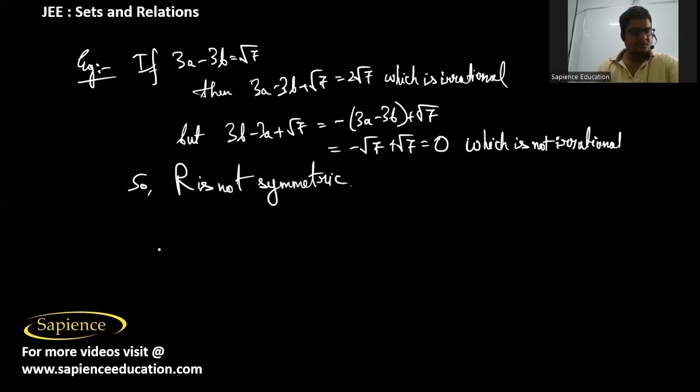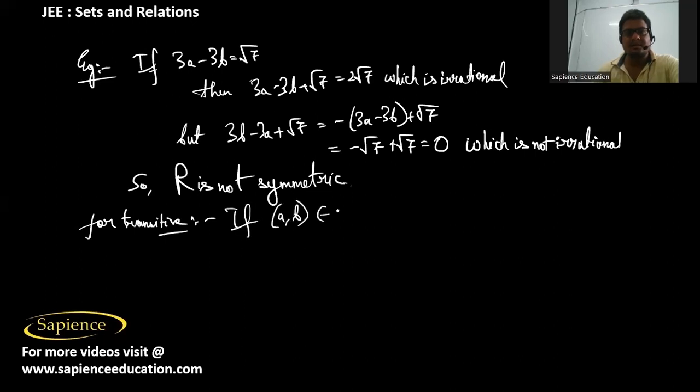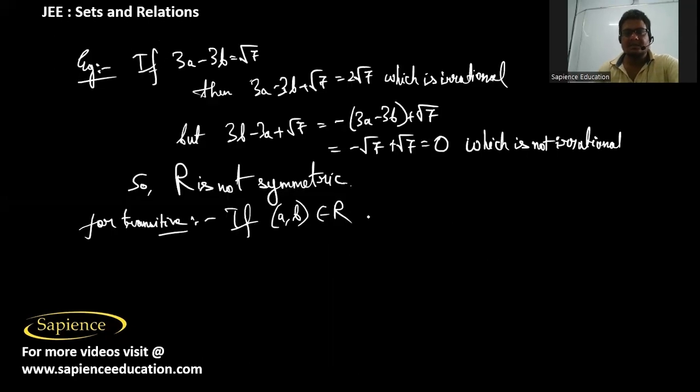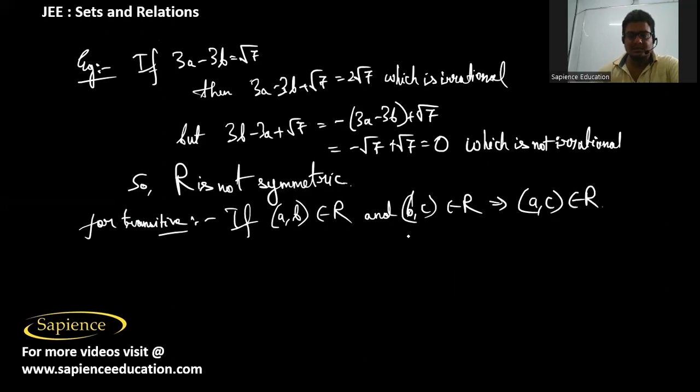Now we have to show if it is transitive or not. So for transitive, we should have that if (a, b) belongs to the relation R and (b, c) also belongs to the relation R, then this implies that (a, c) also should belong to the relation R. Then only I will tell that R is a transitive relation.